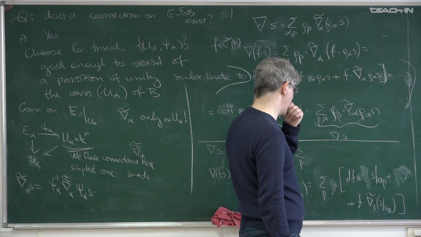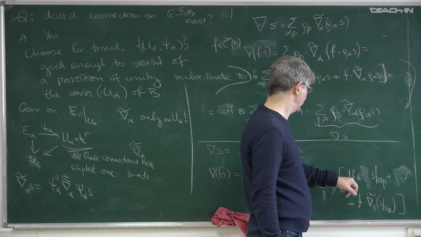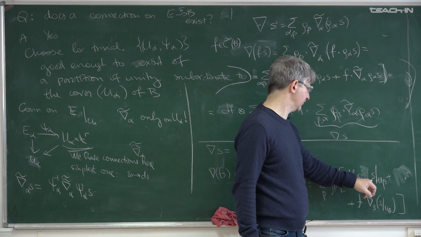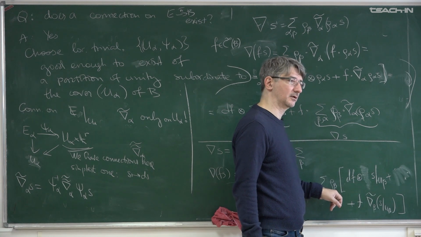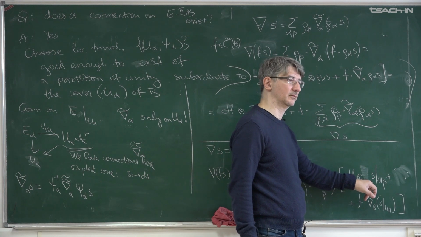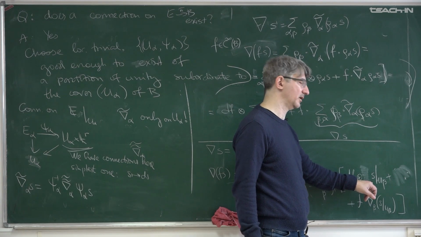So, what makes me feel uncomfortable, I will tell you. What you're doing here, you take the restriction of s to U beta, then you multiply by this thing, and then you take a sum. Is it true that it will be s again?